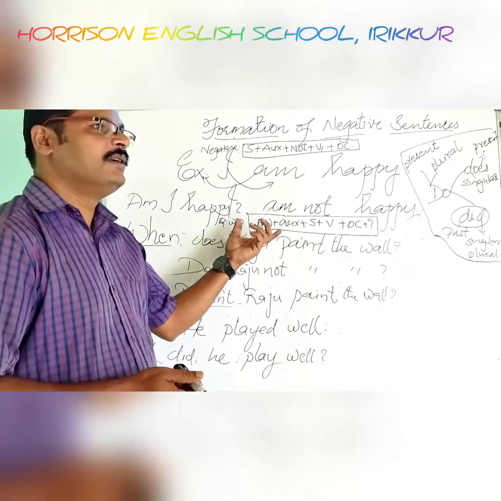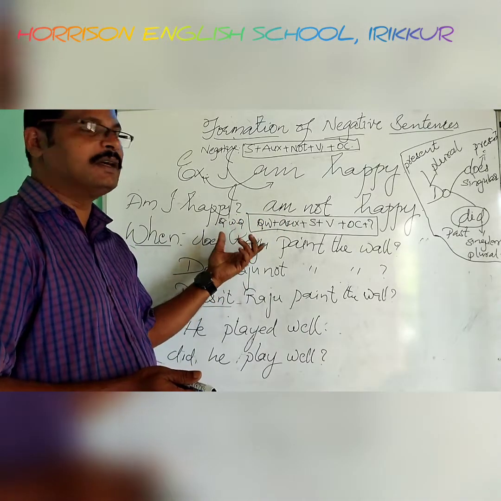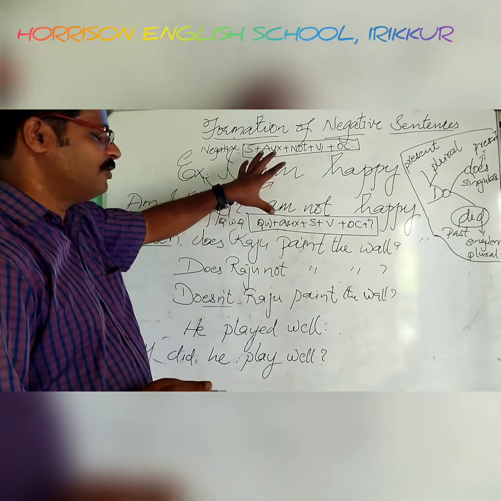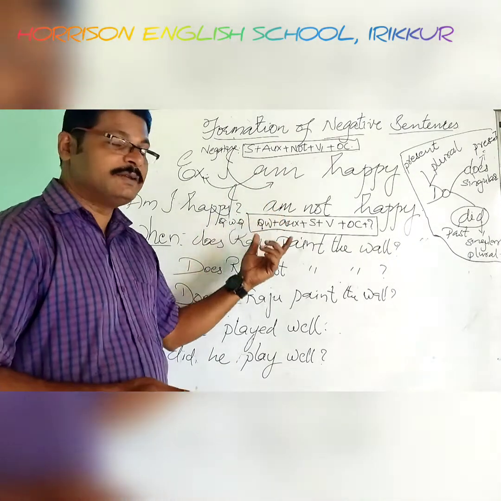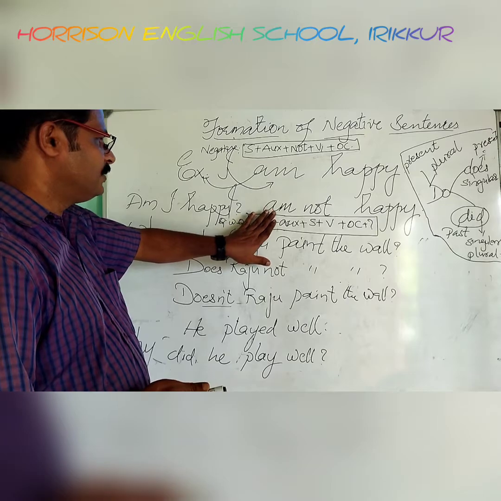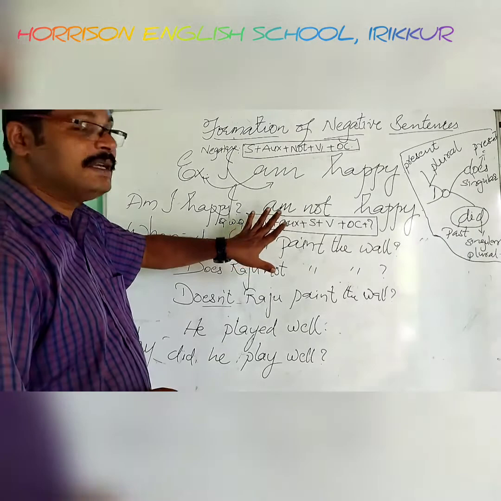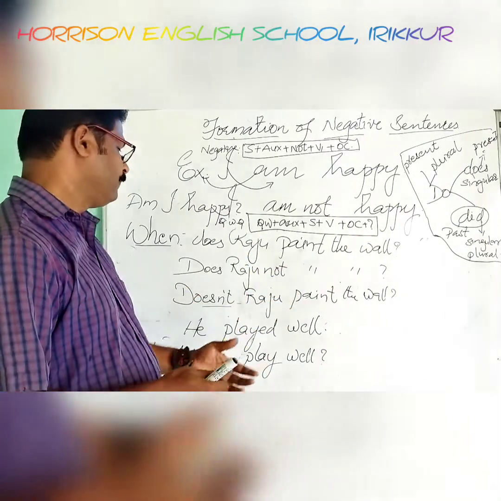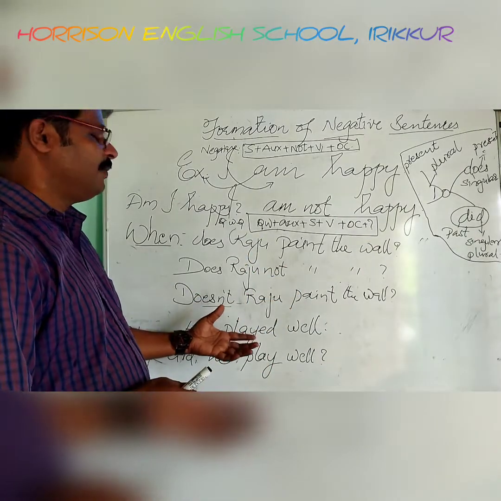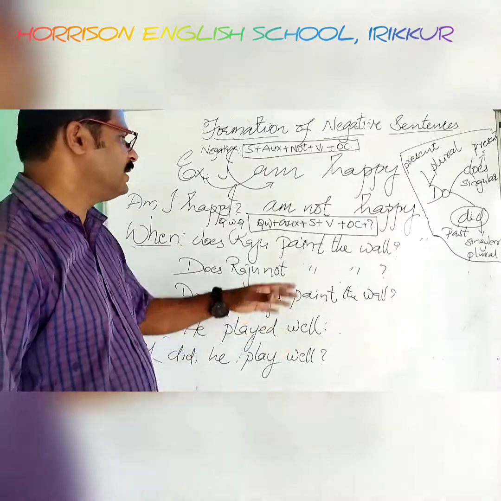You see, if you know one thing, we can learn many things based on that. First we learn how to make a negative sentence, and from that we learn how to make a yes or no question. For a yes or no question, the answer is yes or no. Does Raju play the ball? Did he play well? Either yes or no. So that is called a yes or no question.